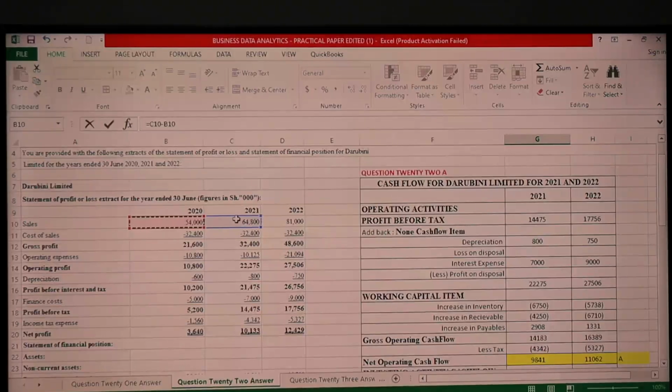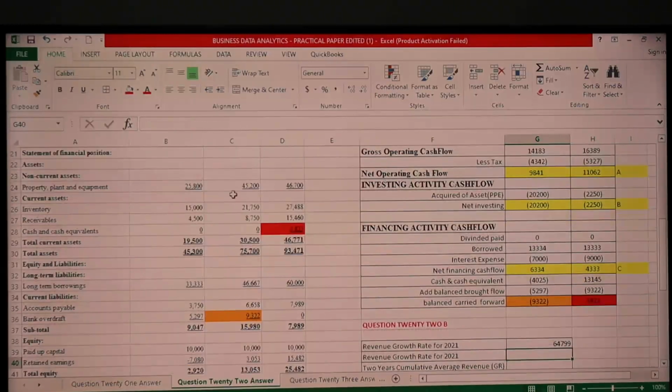Remember that in this worksheet, you're supposed to use the brackets. If you write the formula this way without showing the brackets, it will give you a very wrong answer. Notice the value that this formula will give us. It will give us a very funny answer. Why? Because we have not included brackets in our formula.